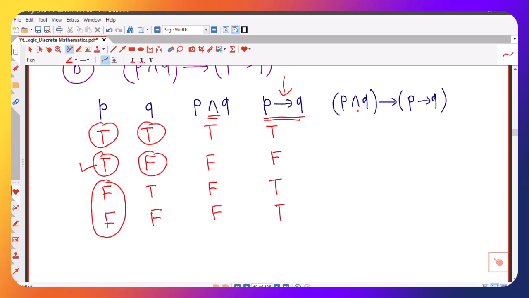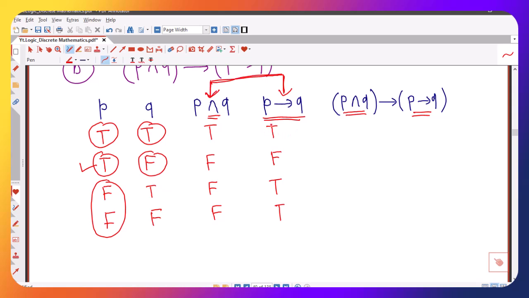Now I have to write down this conditional statement, in which we concentrate on the propositions P and Q, and P implies Q. So now I am writing for these two.